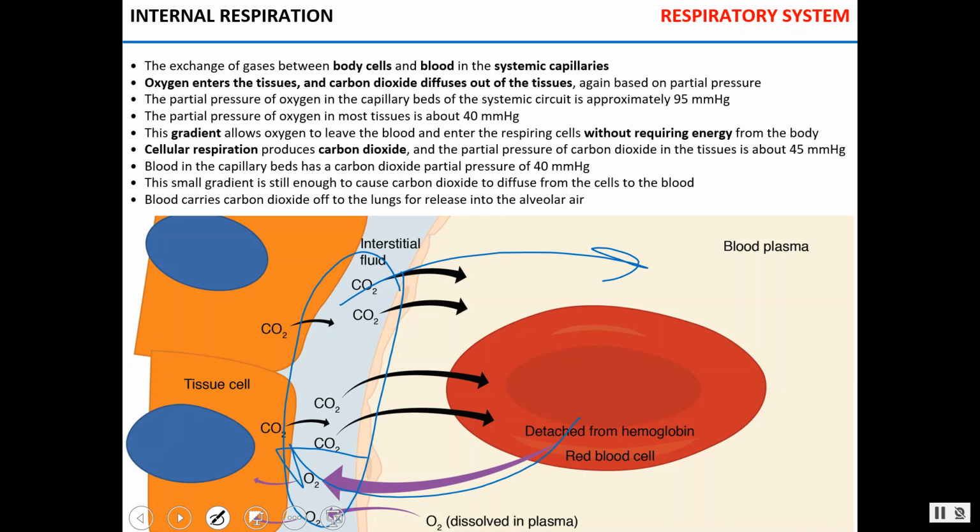So the gradient that is formed either in the alveoli or in the tissue allows the respiratory gases to enter the cells or leave the cells without requiring energy. Now, why is CO2 partial pressure in the tissues higher? Because cellular respiration produces carbon dioxide, and that is why carbon dioxide constantly accumulates in the peripheral tissues and is ready to diffuse into the blood.